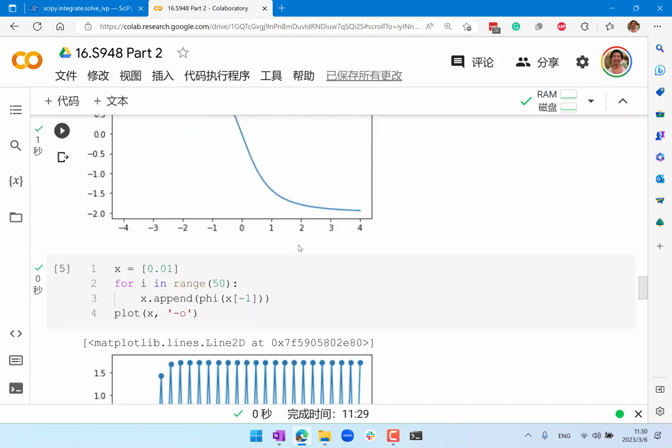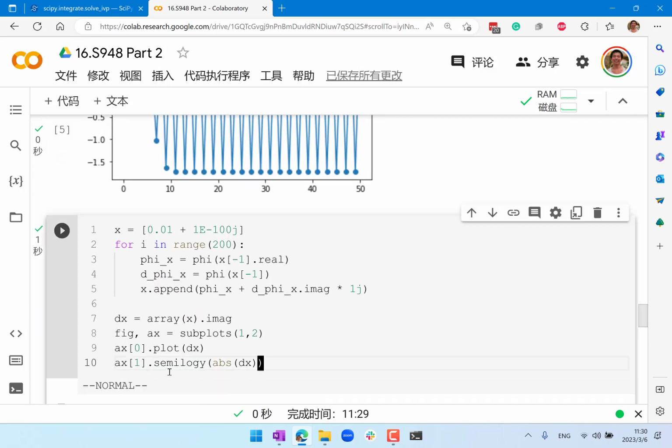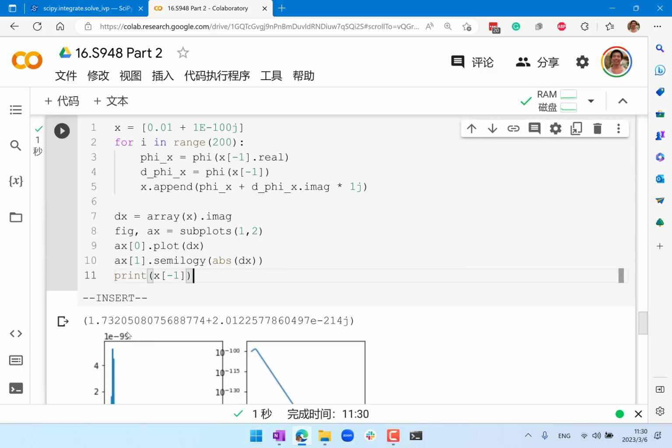Because at the end of the solution, if I print out what x is at the last step, the real component should be an exponentially accurate representation of where the limit cycle is. So basically, the dynamics would oscillate between positive and negative of this number, right?